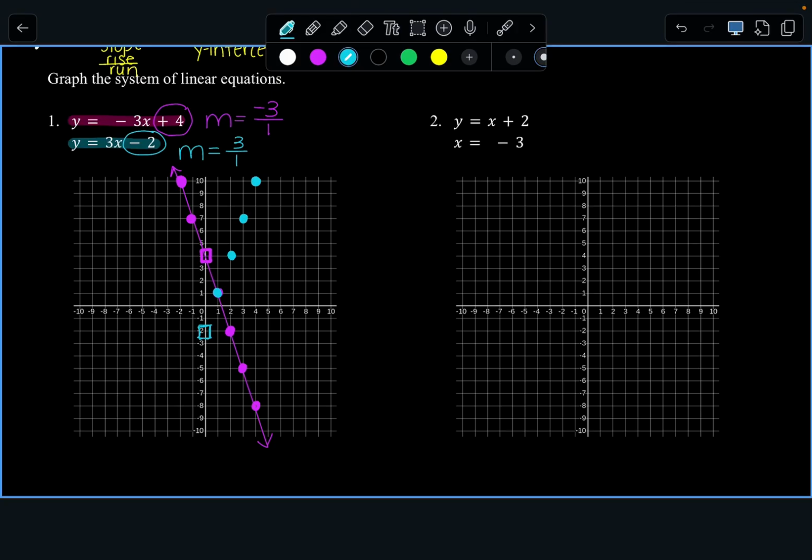Then we're going to go down 3, left 1. Connect them with a nice straight line. And this is the format we're going to stick to. So let's go ahead and try that same thing for number 2.